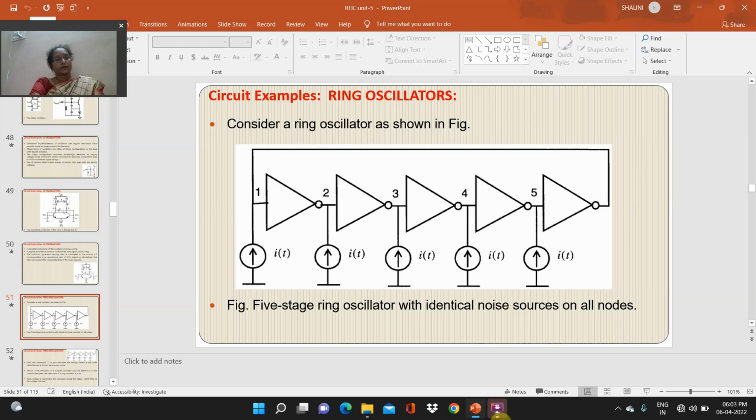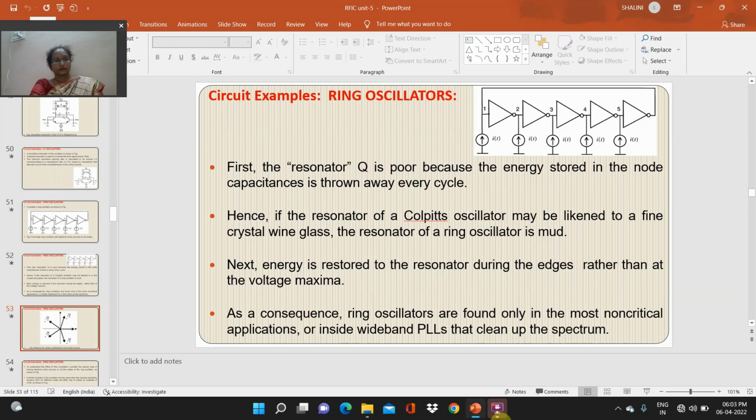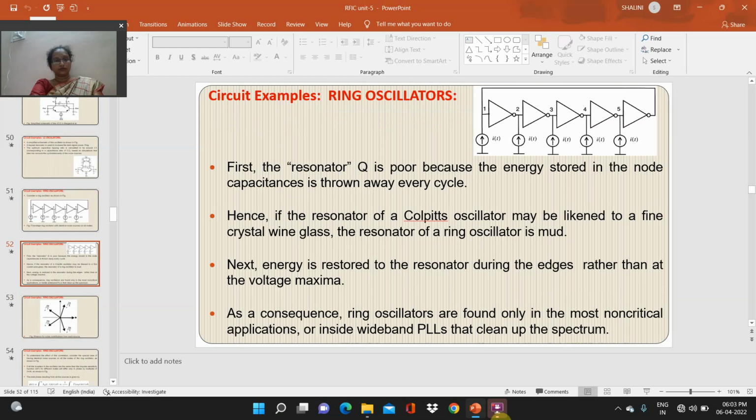Ring oscillator. A 5-stage ring oscillator with identical noise sources on all nodes. First, the resonator Q is poor because the energy stored in the node capacitances is thrown away every cycle.